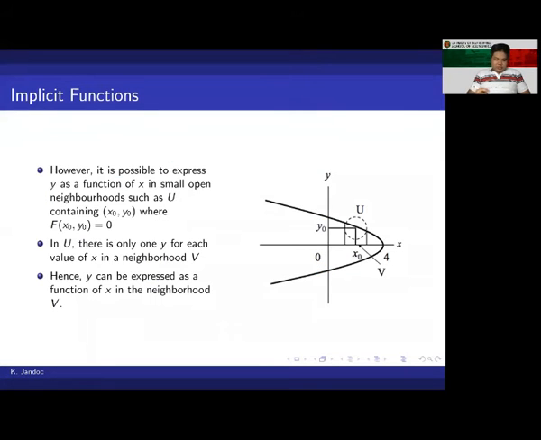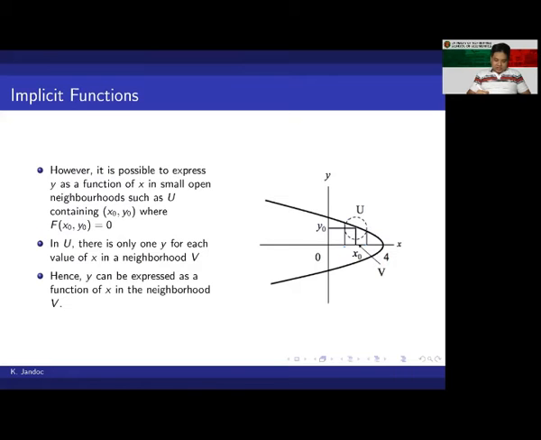Now consider this neighborhood over here. If we can draw a disk or an open ball here, this broken circle over here, u. Now notice that when you have x0 within this interval of the open ball, you can express y as a function of x.